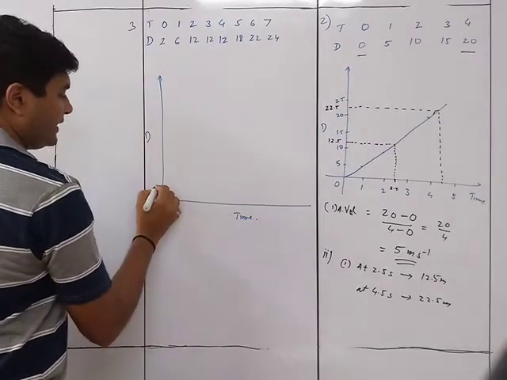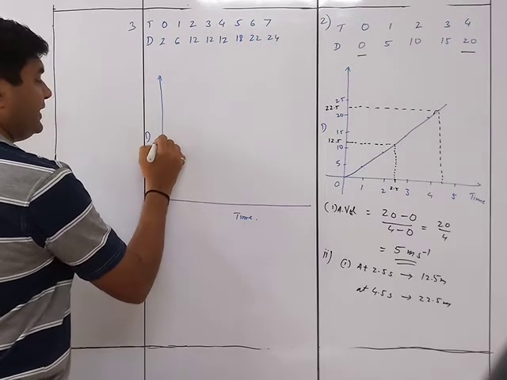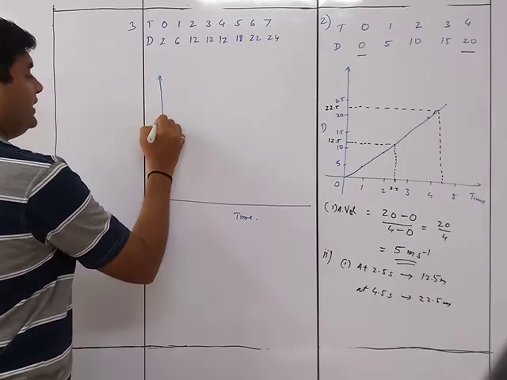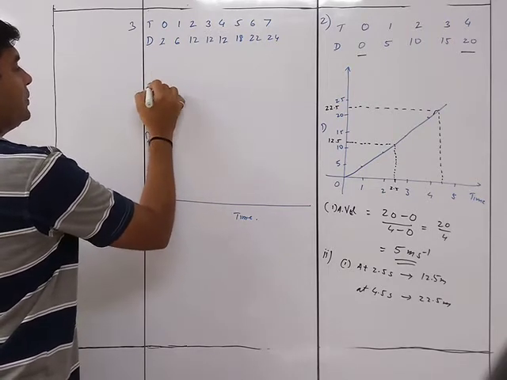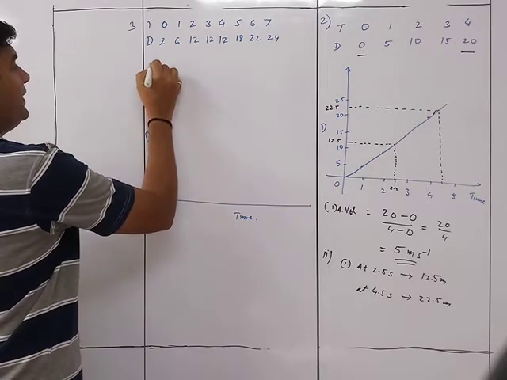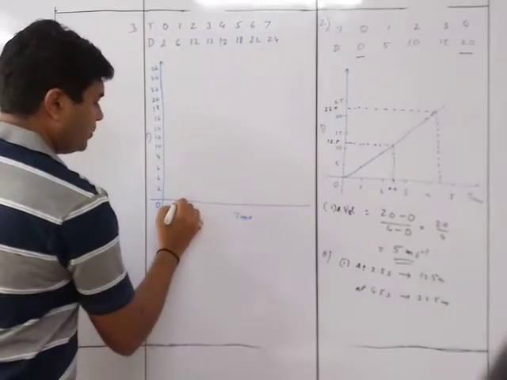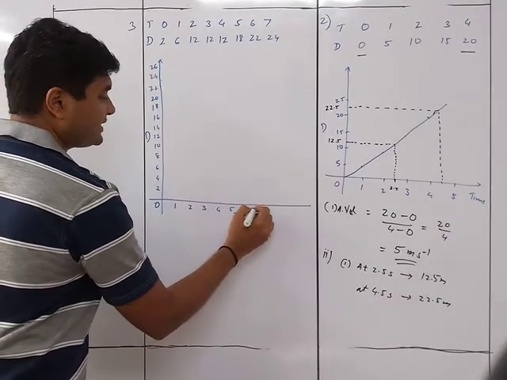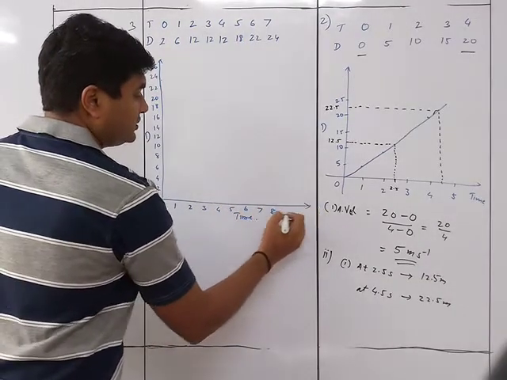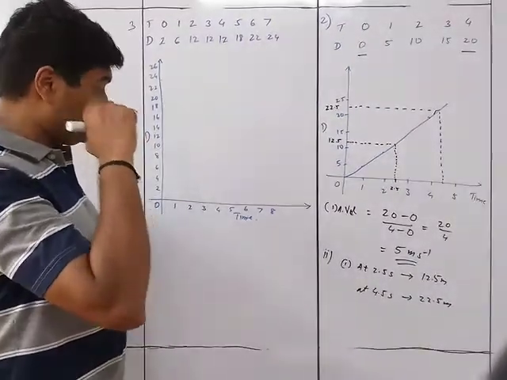We are taking here 2, 4, 6, 8, 10, 12, 14, 16, 18, 20, 22, 24, 26. So accordingly you need to take the lines in this way, and here 1, 2, 3, 4, 5, 6, 7, 8. So the graph structure is ready.